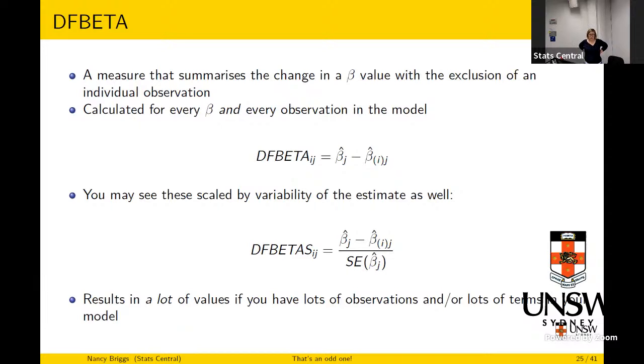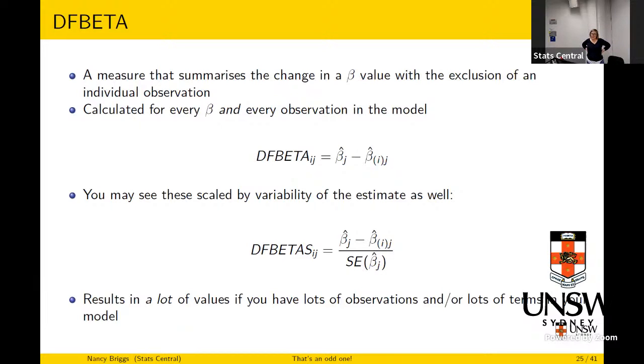and then it summarizes how much that beta weight does change. Now, the thing about the DFBETAS is it's talking about your regression coefficients, and it is doing leave-one-out analyses for every observation. So for our very simple example, we get 22 individual values because we have 11 observations and 2 beta weights.